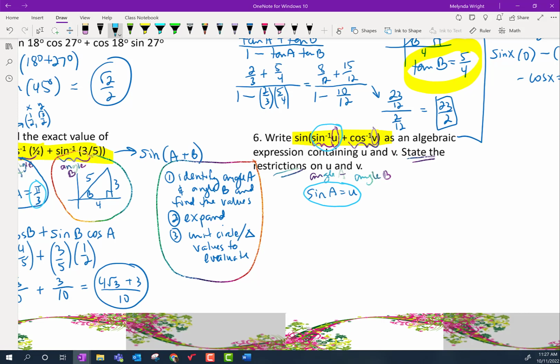If inverse sine of u is angle A, then sine of A is u. Okay, we'll do the same thing over here. If inverse cosine of v is angle B, then cosine of B is v.